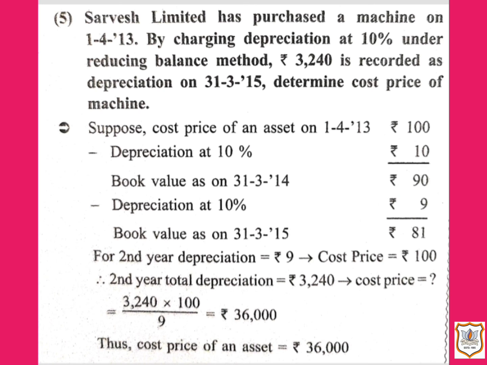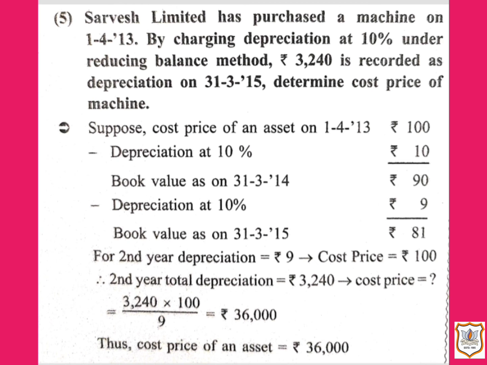As this is reducing balance method, for the second year we will calculate depreciation on book value or opening balance of the second year, that is rupees 90. So 10% of 90 is equal to rupees 9. So depreciation for the second year is rupees 9. If we deduct it, we will get book value as on 31st March 2015, that is opening balance for the third year.